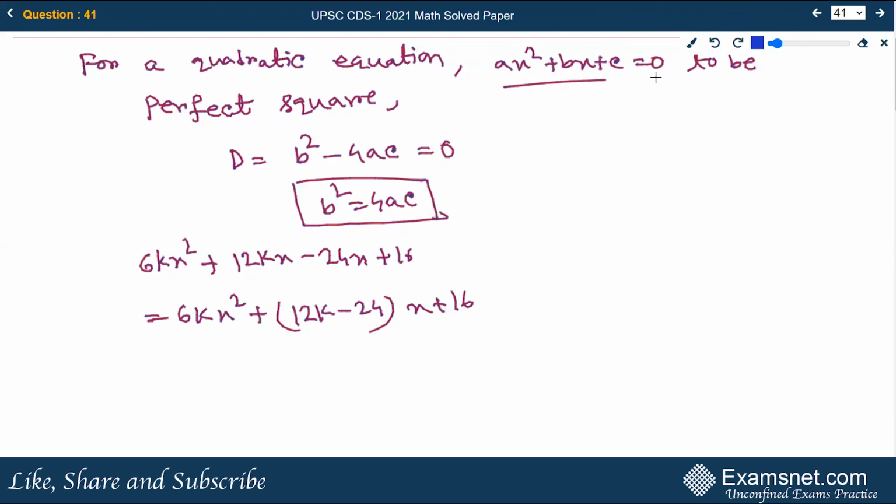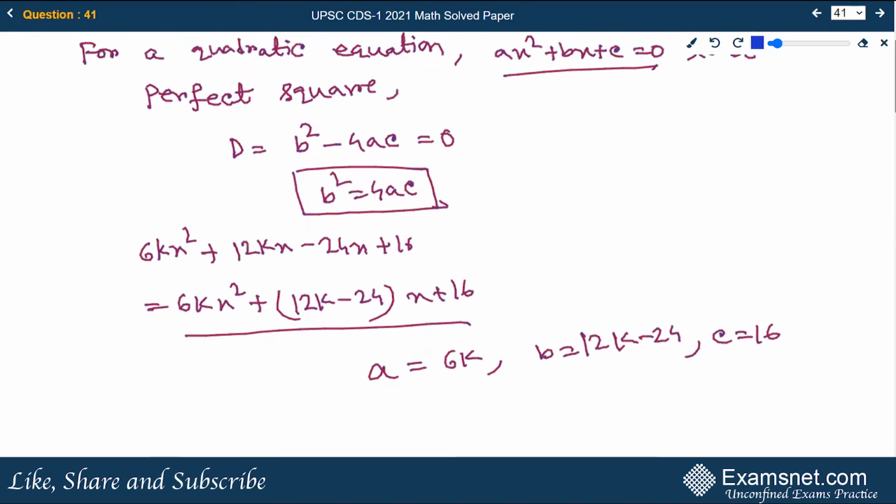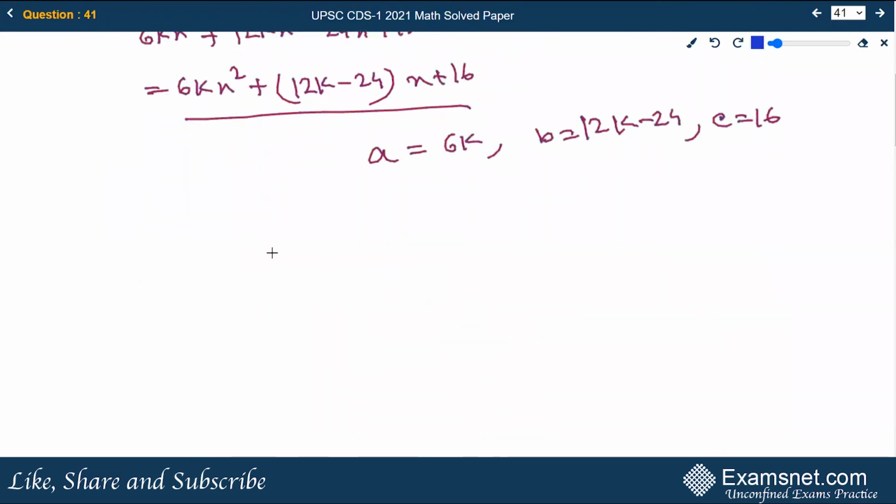Now, if I compare these two, I will get the value of a as 6k, b as 12k minus 24, and c equals 16. Okay, so it will be a perfect square if b square minus 4ac equals 0. So using that condition, I can write (12k minus 24) whole square equals 4 multiplied by 6k multiplied by 16. Okay, so further I can write it down.